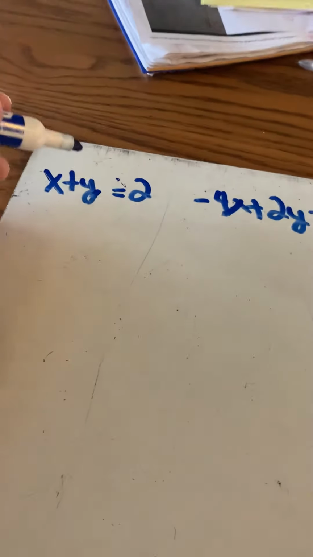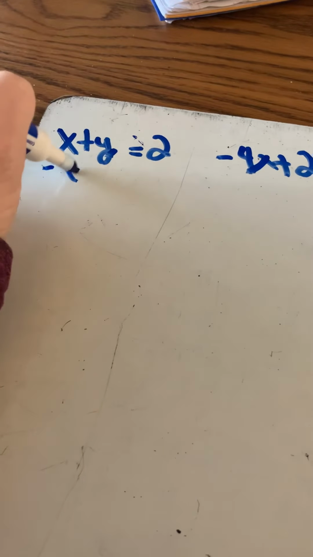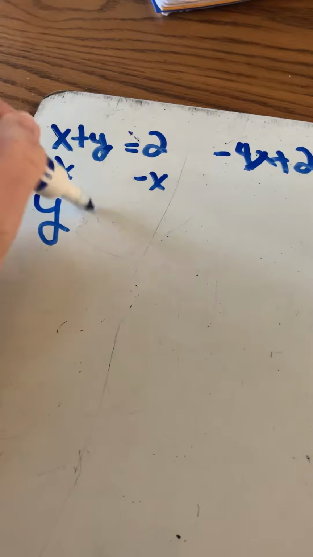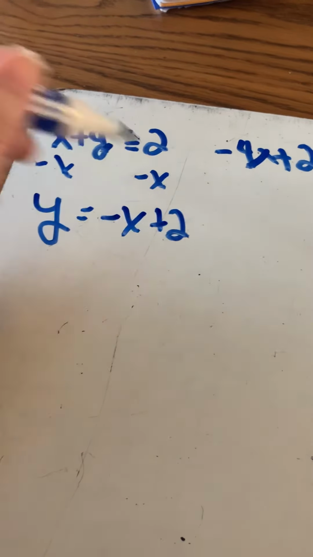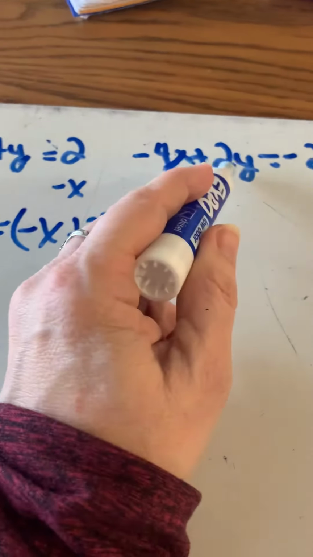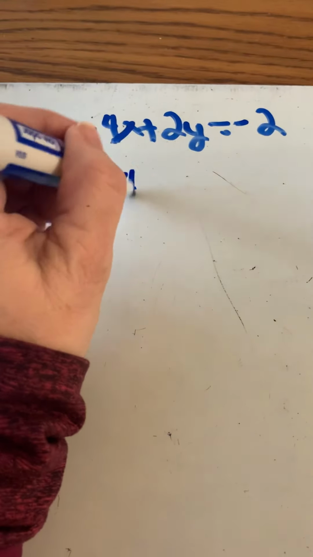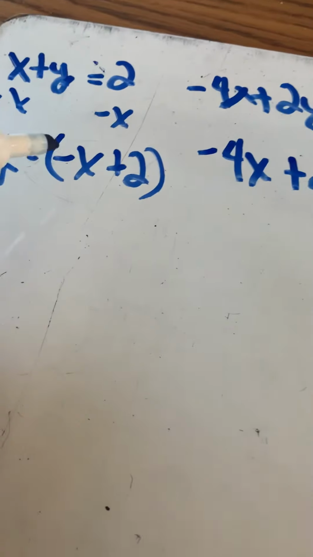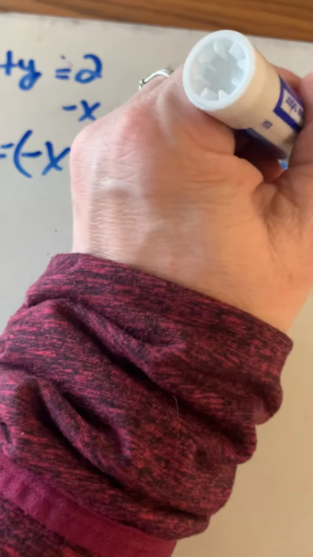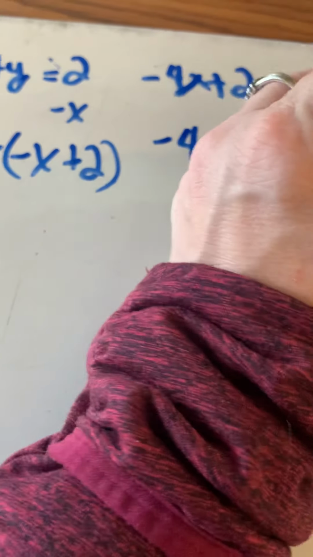So the easiest one to isolate, I'm just going to isolate the y, so I'm going to subtract x from both sides. So if y equals negative x plus 2, I'm going to take this value and plug it in here, but now I'm going to have to use the distributive property. So instead of 2y, I'm going to take 2 times negative x plus 2 equals negative 2.